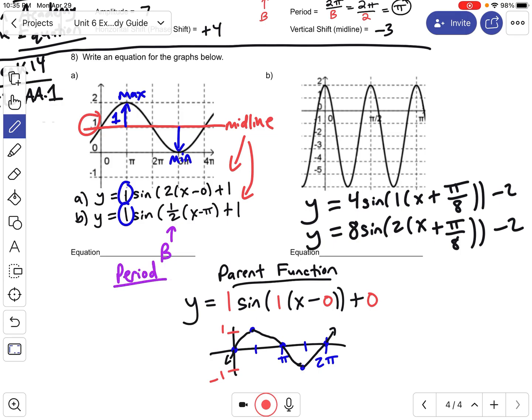The period uses the formula 2 pi over B. If I want to check the B value for A, that B value is 2. So I'm going to plug it in here. It would be 2 pi over 2, which reduces to just pi.